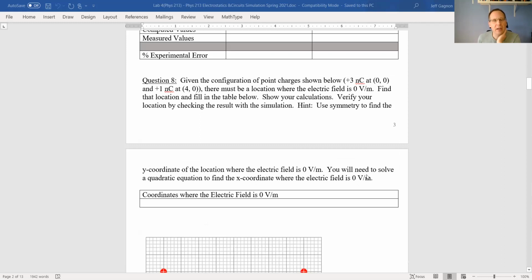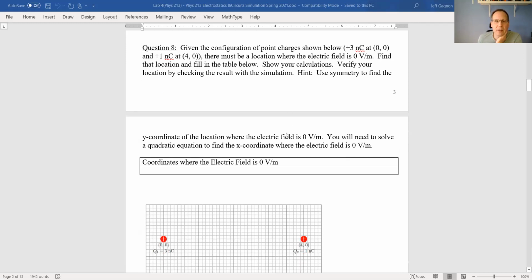Okay, and then the last thing I want you to do for this first part of the lab is question 8 here. So let's say you're given this configuration: a positive 3 nanocoulomb charge at (0, 0), and then a positive 1 nanocoulomb charge at (4, 0), so 4 meters away.